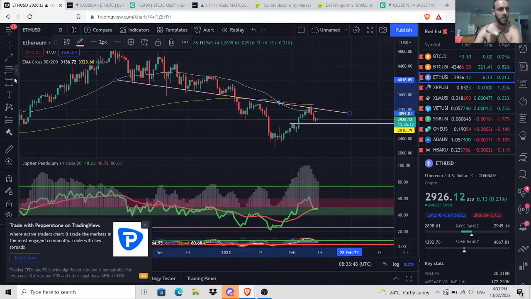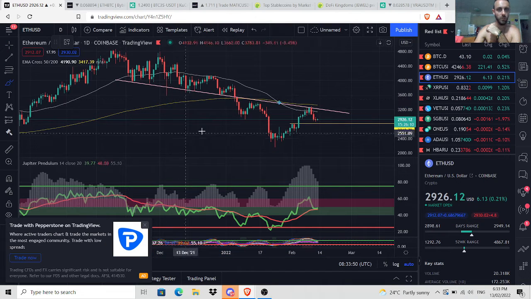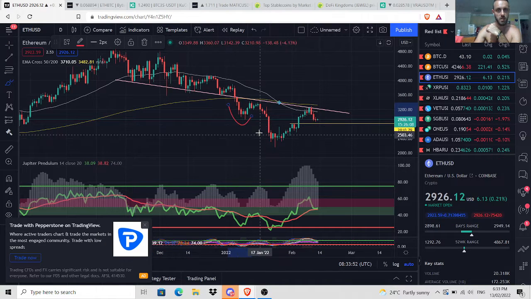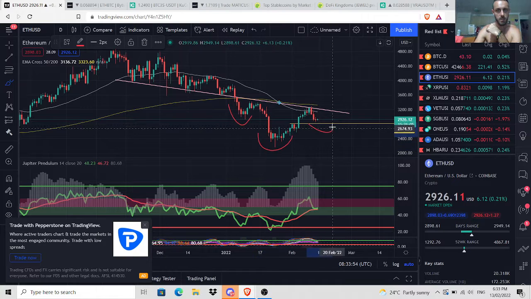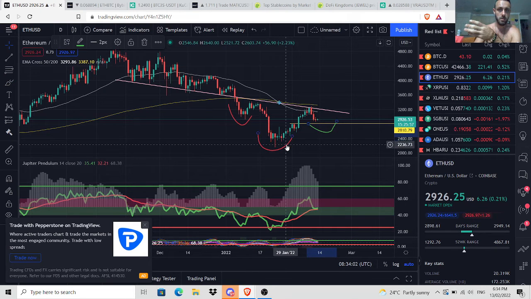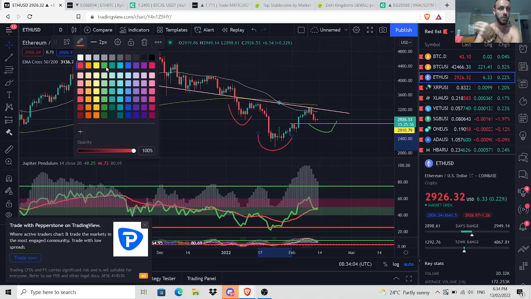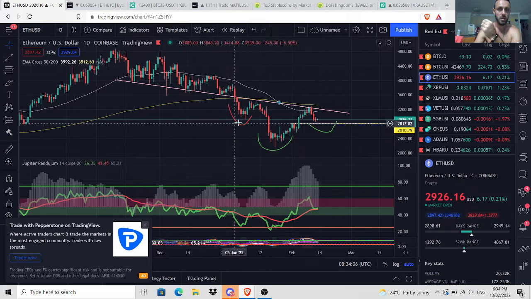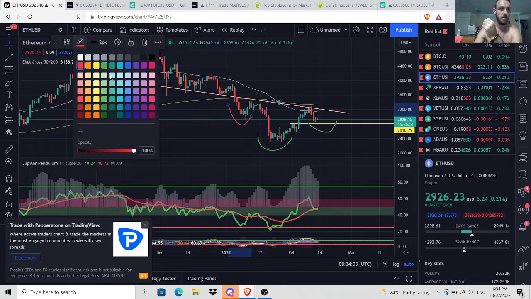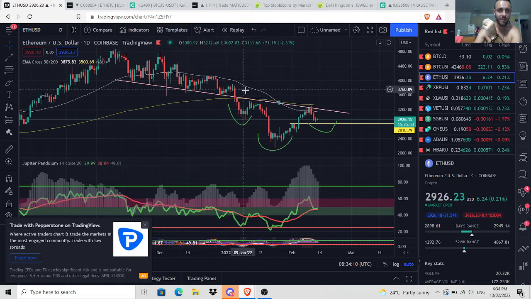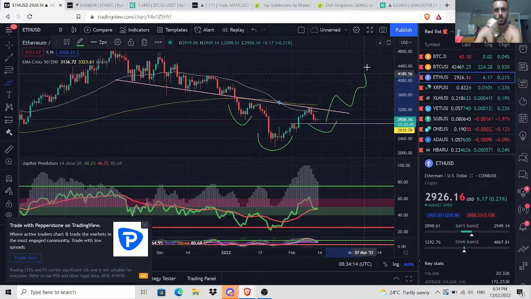But what are we forming under it, right? We're forming an inverse head and shoulders. And this is actually bullish. Okay, if we can hold this right shoulder, then this is the perfect entry to get in before we break the neckline and form an uptrend.